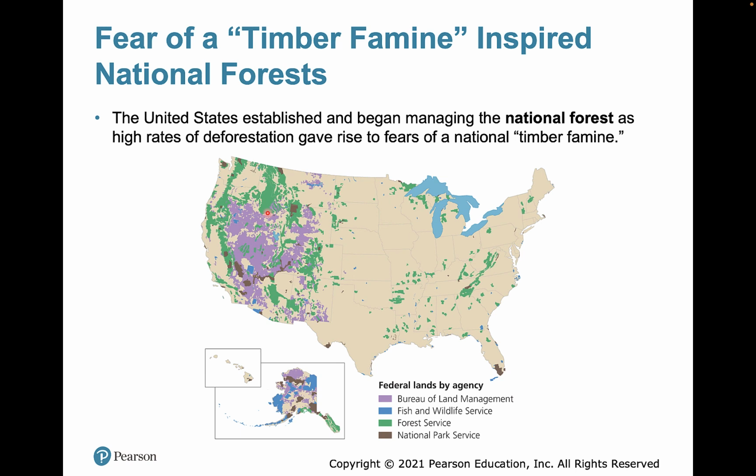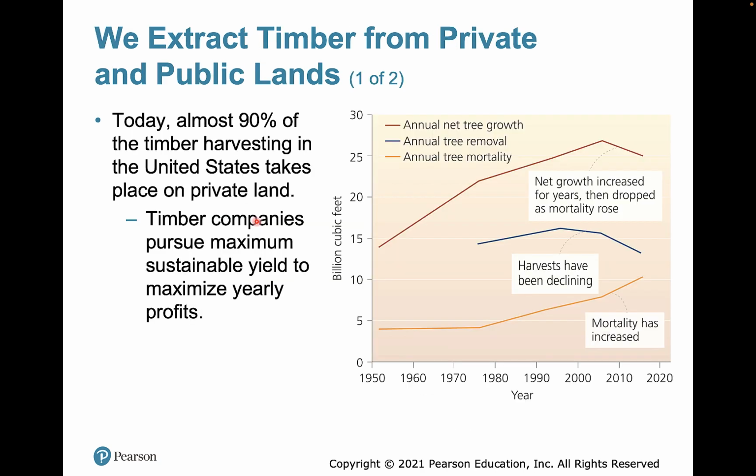So the people of Idaho can't really do much on it. A lot of Oregon too. So most of the timber harvesting takes place on private land. In order to do that, they want to hit maximum sustainable yield to maximize those yearly profits.